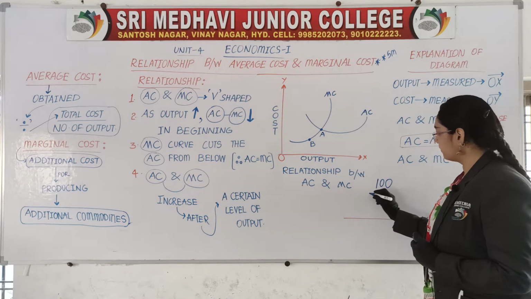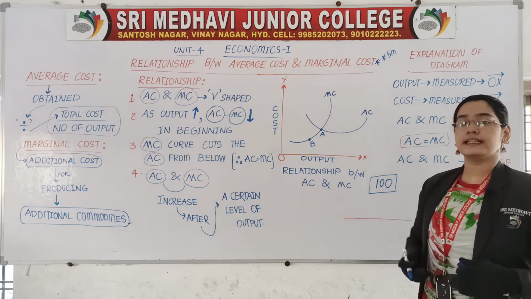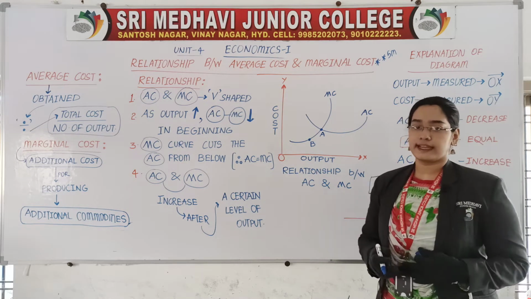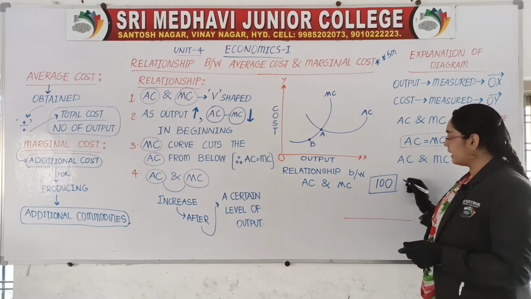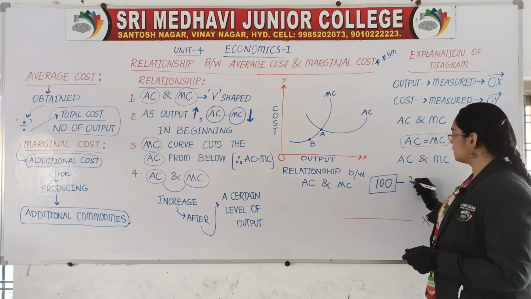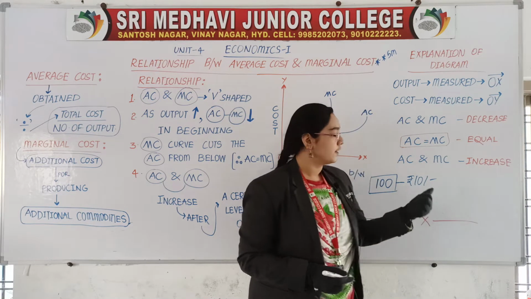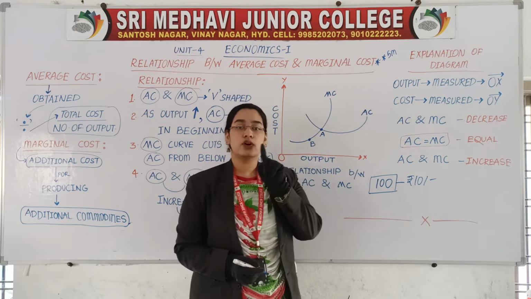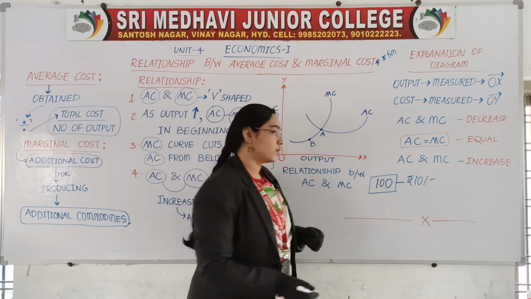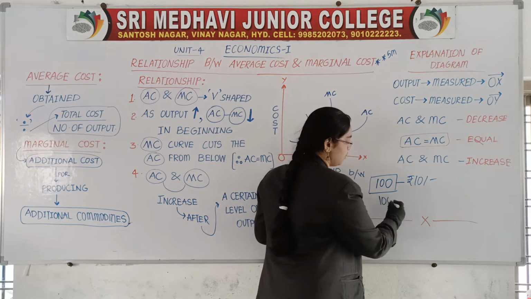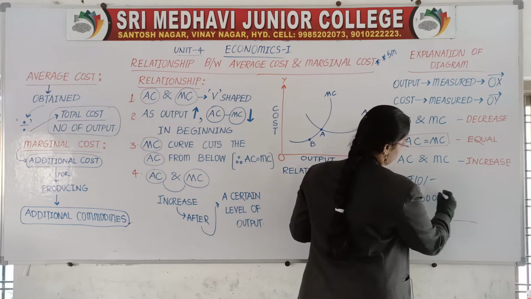I have 100 goods. Let us take that good as chocolates. I have 100 chocolates and each costs rupees 10. So 100 into 10 is equals to 1000.